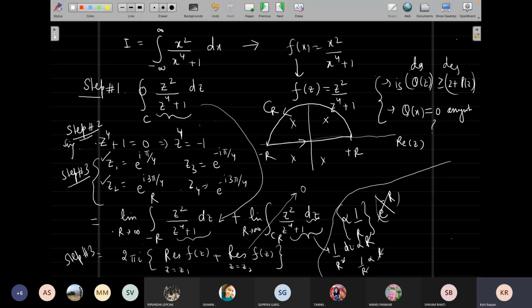And we considered first one, in which if the function is of the form p(x) over q(x), and q(x) has a degree which is greater than or equal to 2 more than the degree of p(x), and q(x) does not have any zero anywhere on the real axis, that means that the function f(x) does not have any singularity on the real axis, then we can use this method. And we evaluated the integral I from minus infinity to infinity of x square over x^4 plus 1 dx by converting it into a complex valued function of a complex variable f(z), which is equal to z square over z^4 plus 1.